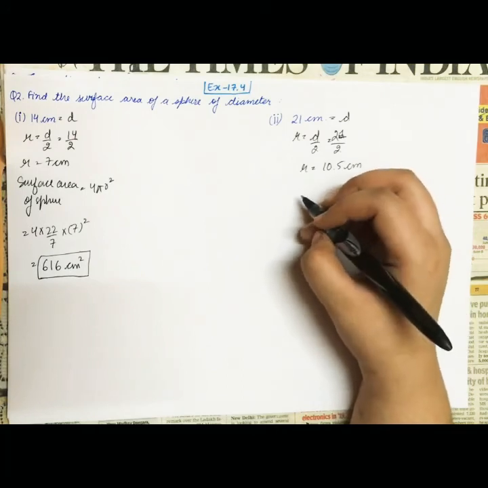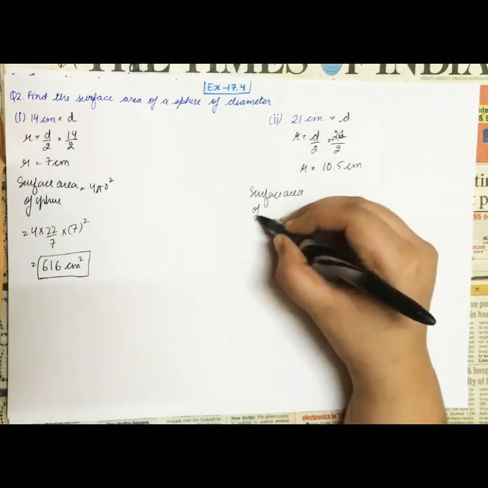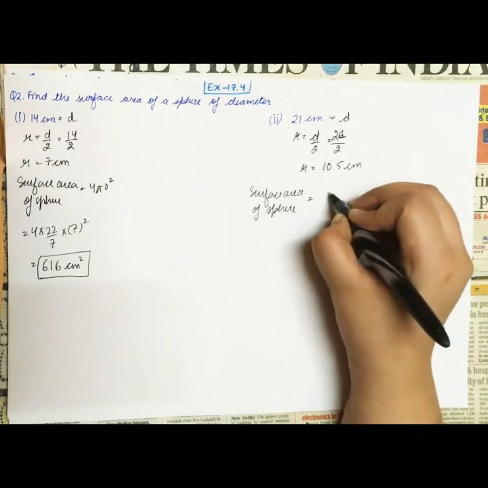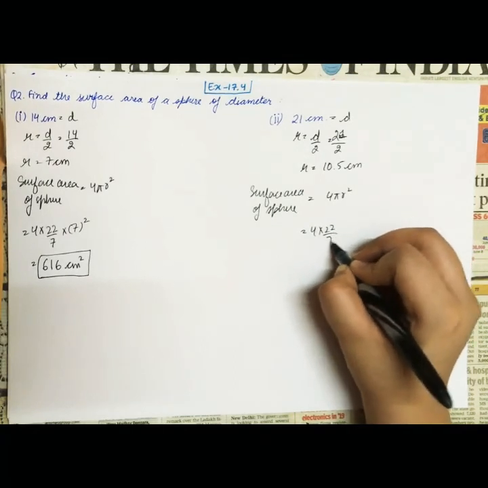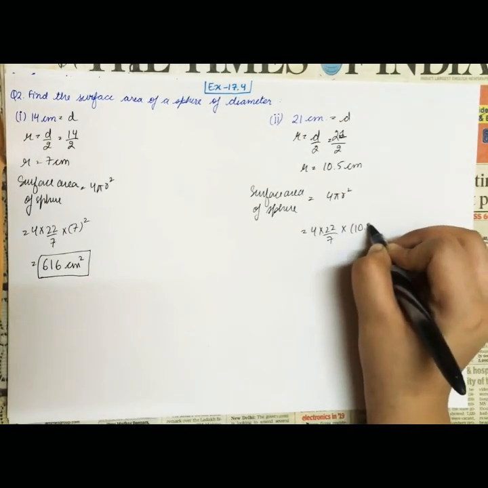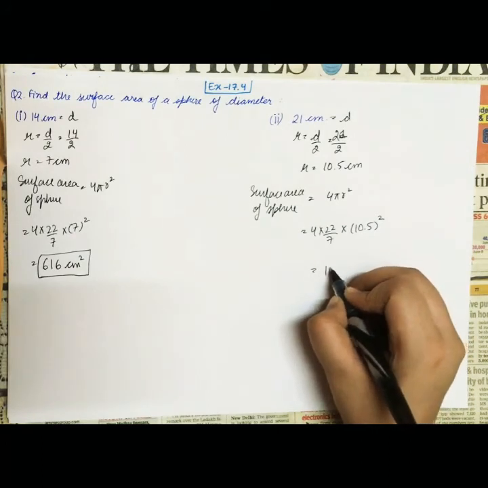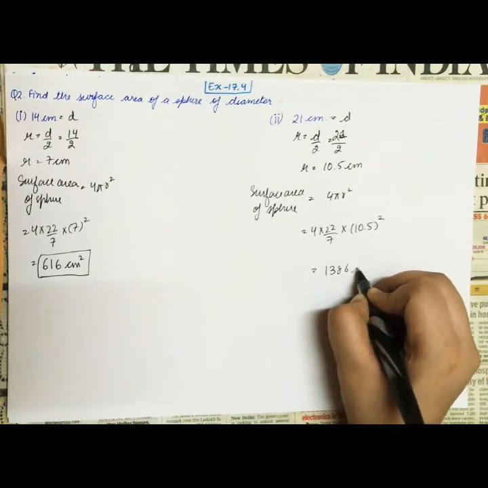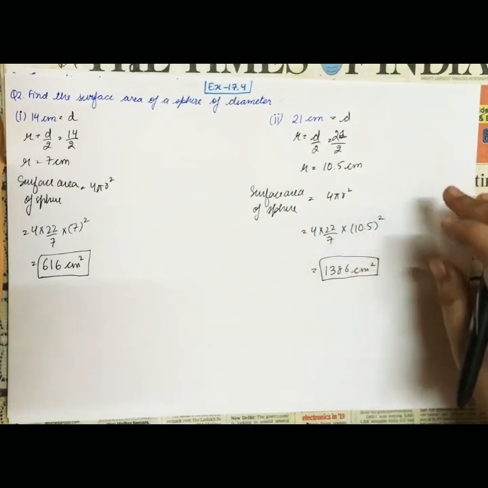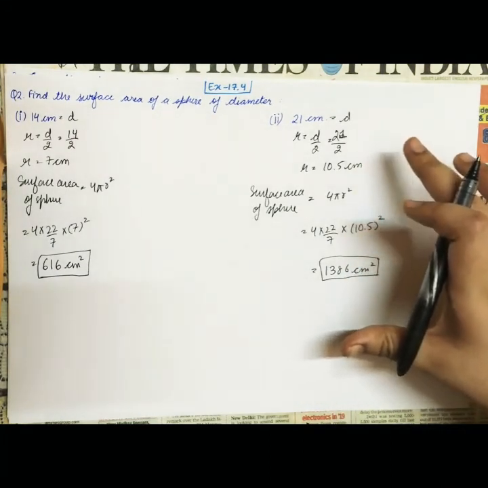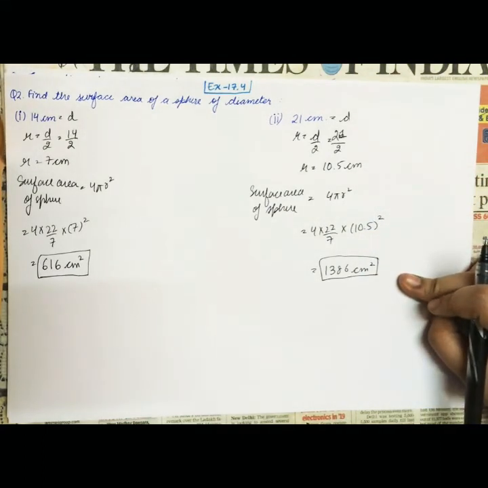Now, surface area of sphere is equal to 4 pi r square, which will be 4 into 22 by 7 into 10.5 square, which is equal to 1386 centimeter square. Therefore, the surface area of diameter 21 centimeter will be 1386 centimeter square.